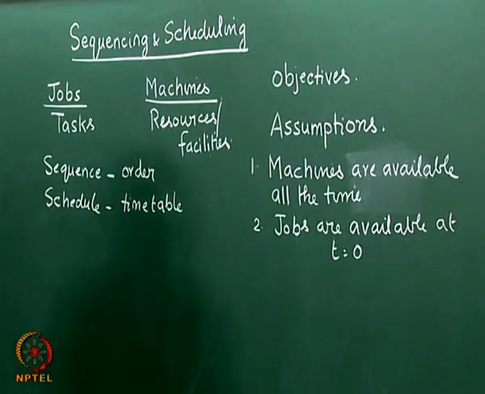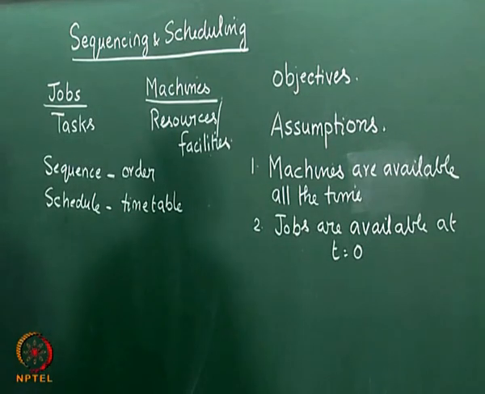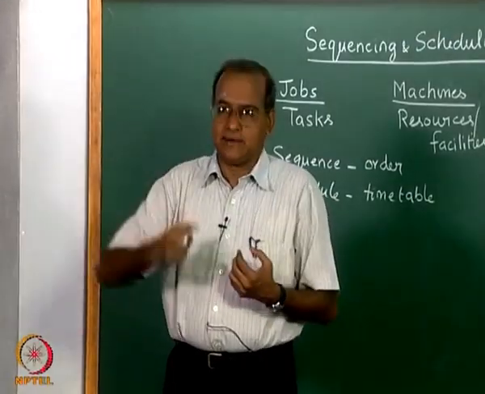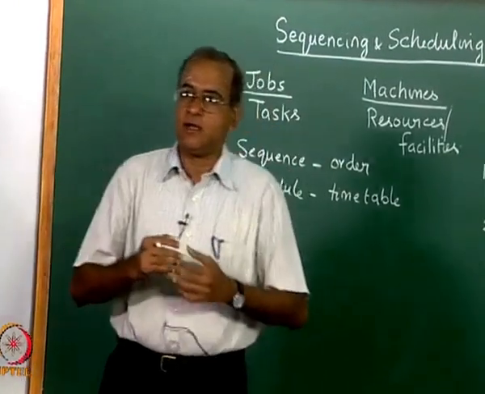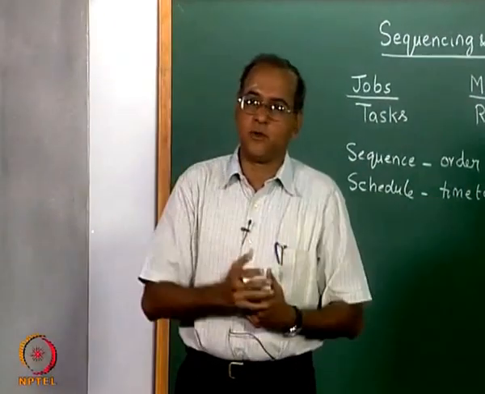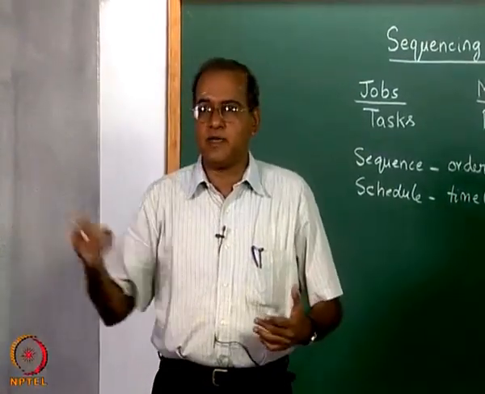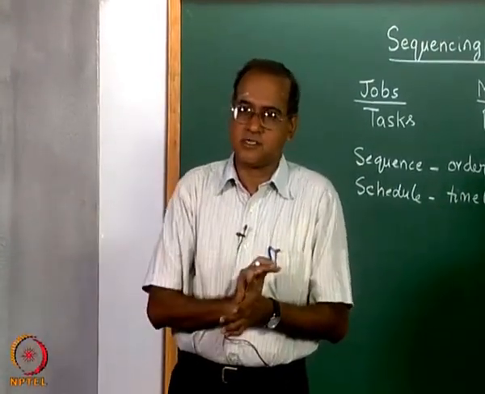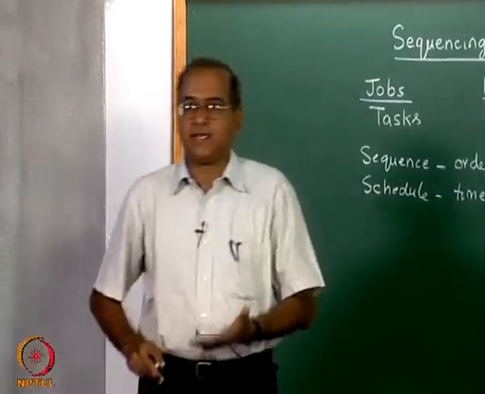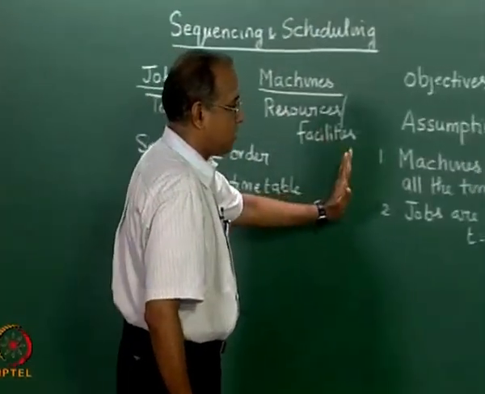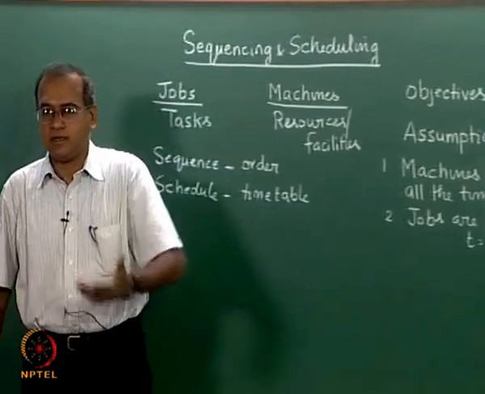So, at time t equal to 0, we assume that all the jobs that have to be processed are available, which also means that we are assuming the jobs do not come late. There could be situations where we start the sequencing and scheduling process with the available jobs, and as we move along some other jobs may arrive and join the system. At present we are not looking at that. The assumption is that all the jobs are available at time t equal to 0.